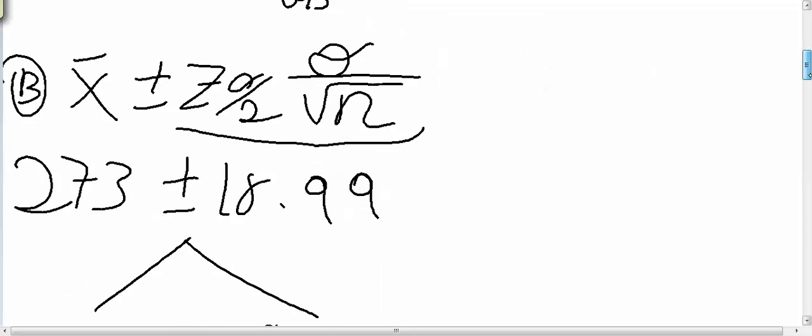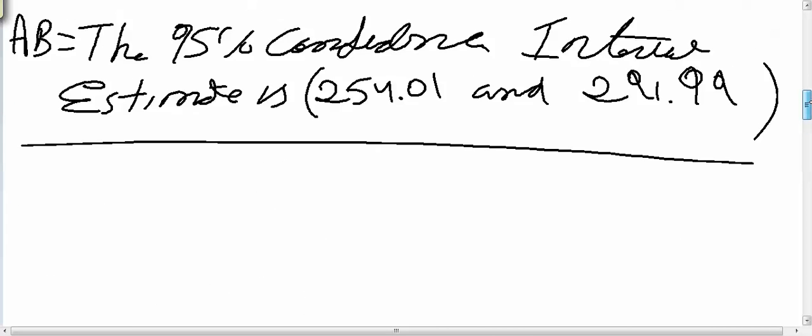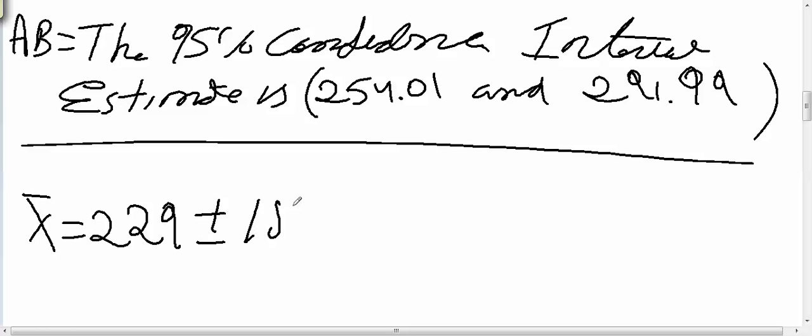And if you want to do all the procedure, all you have to do is the same thing. You have a new average cost, which is 229, and all you have to do is follow the same procedure with 18.99.